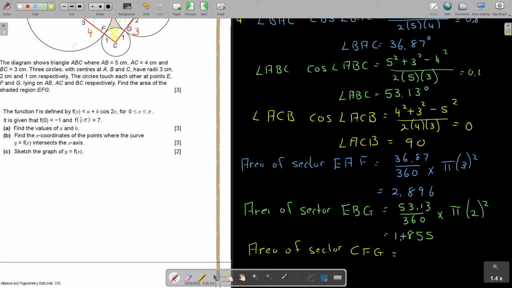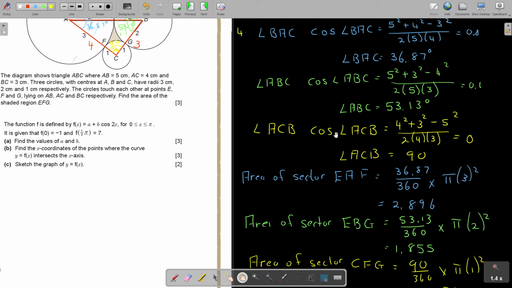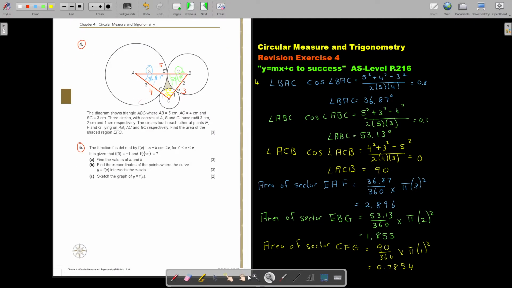And that's going to be now my yellow one, okay, and that's just 90 over 360, okay, it's like a quarter of a circle, multiply pi, and what is the radius? Just 1 square. And that is going to make it again to 4 significant, 0.7854.